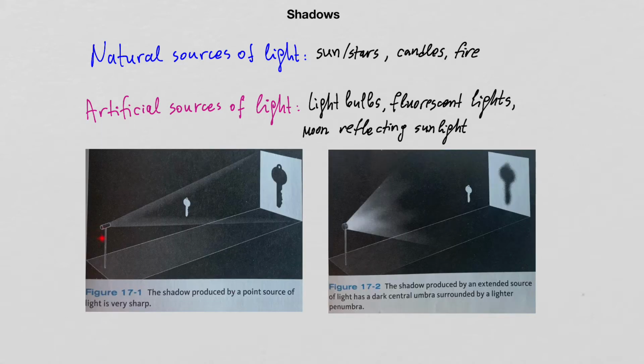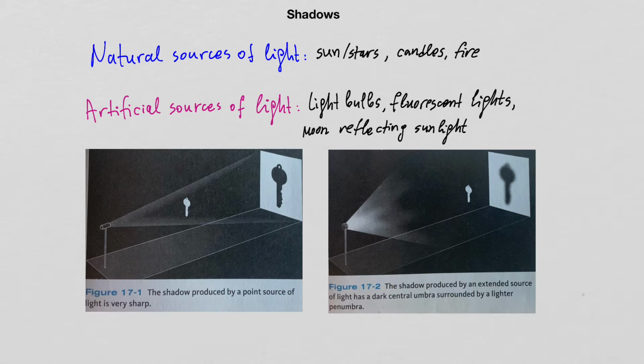When a point source is used to illuminate an object, the object is going to block the light coming from the point source, and then on the screen behind the object, we are going to see the shadow cast by the object, and that is the portion of the light coming from the source that's being blocked by the object itself.